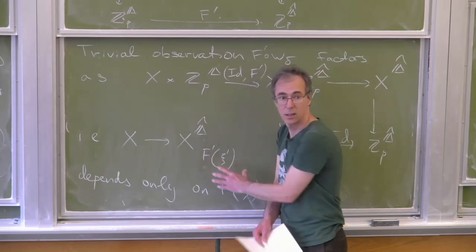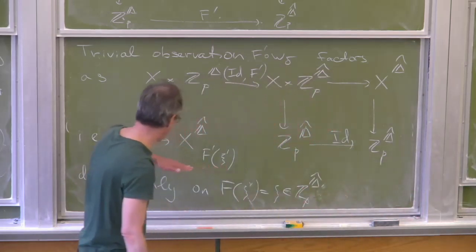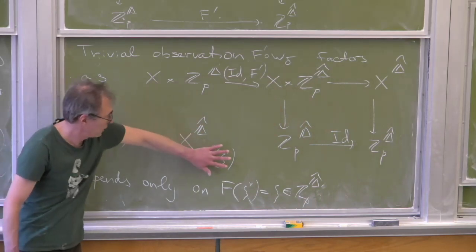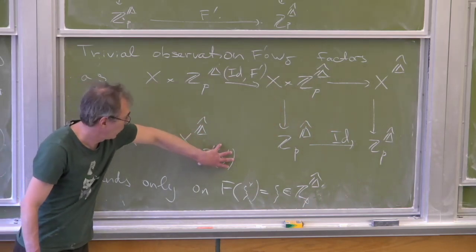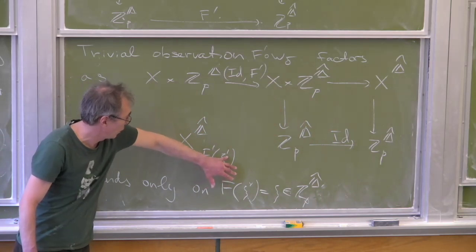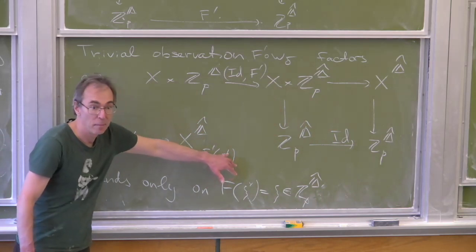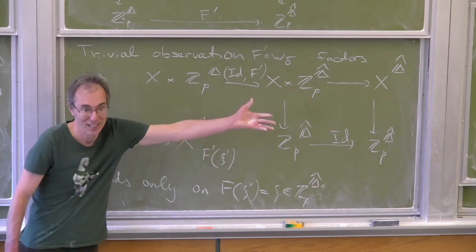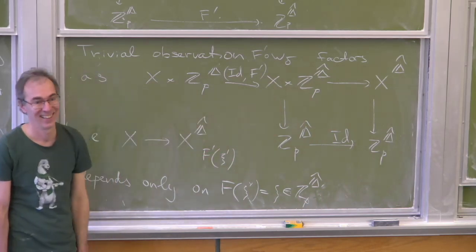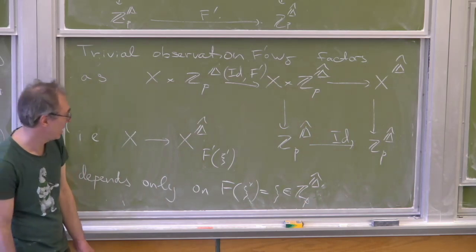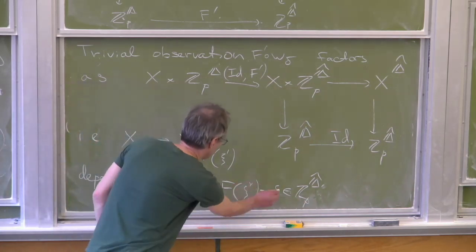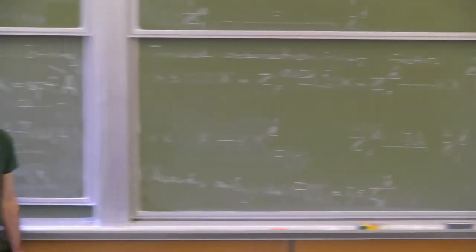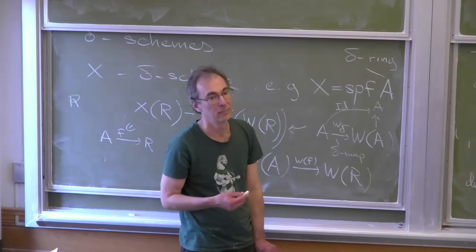Why isn't there an F dash later on? So that's the claim: this map depends only on F prime of C prime. It doesn't depend on C prime itself. And well, I constructed it for you. So does C mean F prime of C prime? Yes. I see. Okay, so C got redefined between the top there and the bottom.